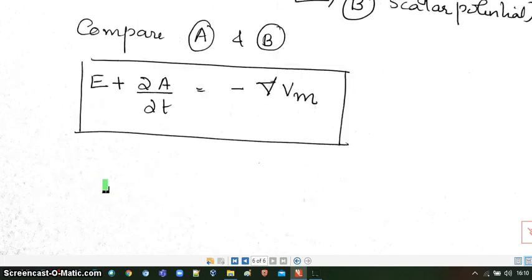So this is a relation connecting magnetic vector potential and magnetic scalar potential. And that's all in this section, and thank you.